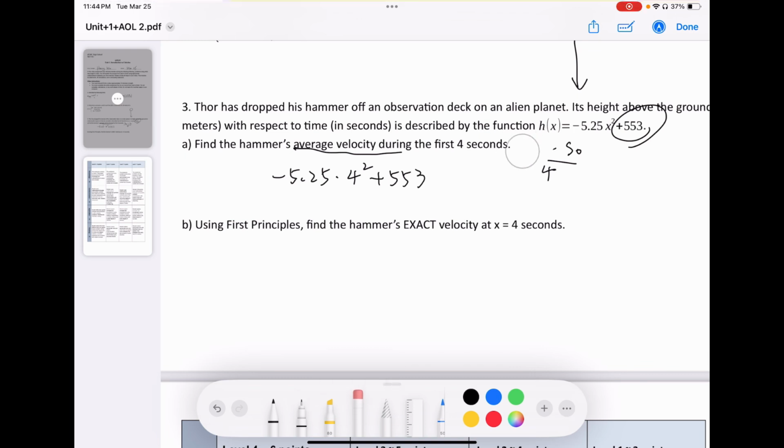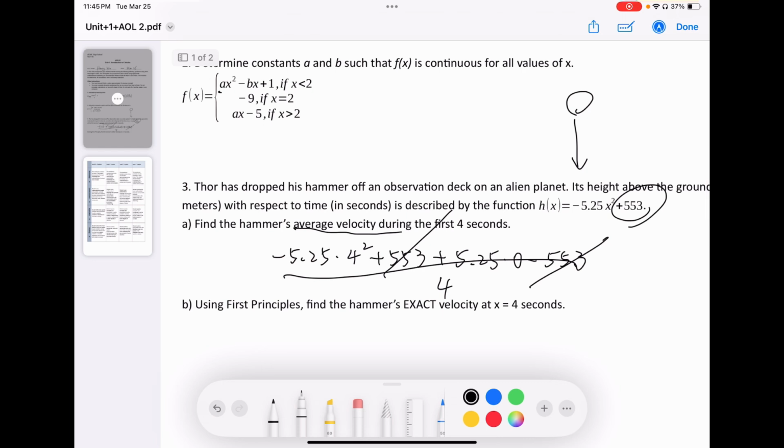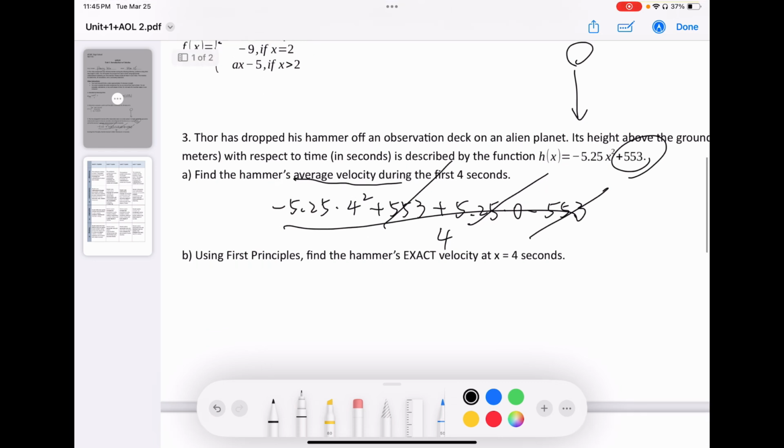I'll just get this out of the way. And then plus 5.25 times 0. We don't have to do a square. Minus 553, and then over 4. Then we can just cancel out 553, and 5.25 times 0 is 0.